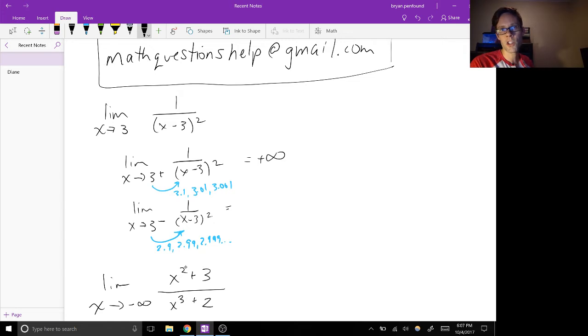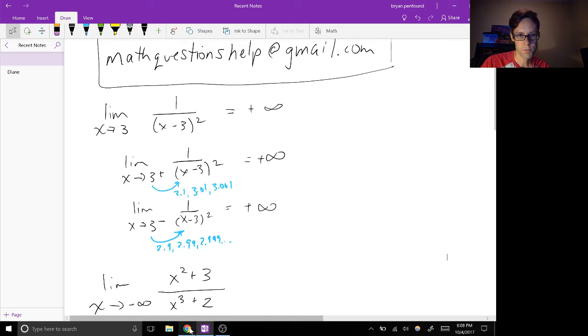Because the denominator is squared, you're going to end up with positive infinity from the smaller side of 3 as well. So since our two one-sided limits are tending towards the same value, this vertical asymptote is going to tend towards positive infinity from both sides. This limit technically doesn't exist, but we say that it is unbounded as we get closer and closer to 3.